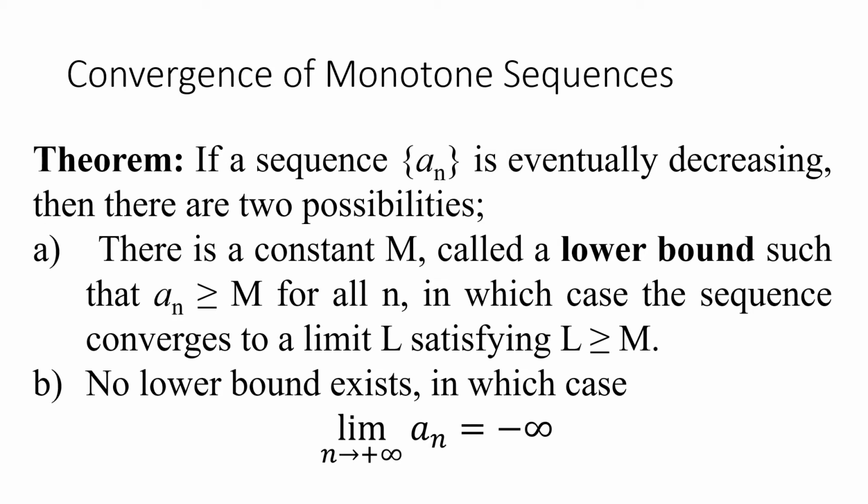There is a constant m called the lower bound, such that a sub n is greater than or equal to m for all n, in which case the sequence converges to the limit L satisfying L greater than or equal to m. And the second possibility is no lower bound exists, in which case the limit of a sub n as n approaches positive infinity is equal to negative infinity.